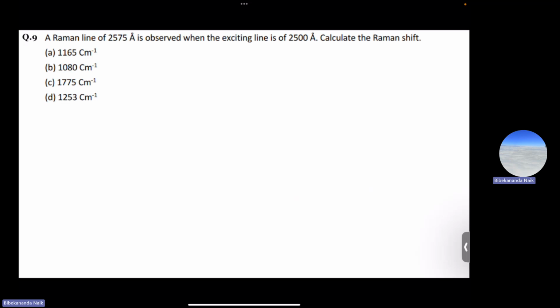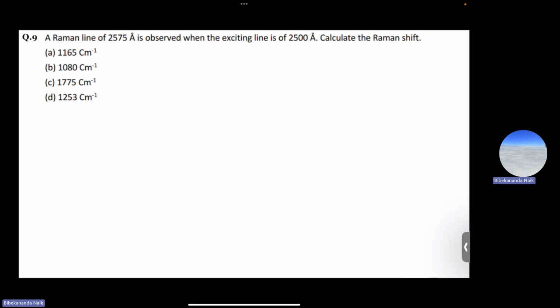Question number 9 says a Raman line of 2575 Angstrom is observed when the exciting line is of 2500 Angstrom. Calculate the Raman shift. Options are option A 1165 centimeter inverse, option B 1080 centimeter inverse, option C 1775 centimeter inverse, or option D 1253 centimeter inverse.